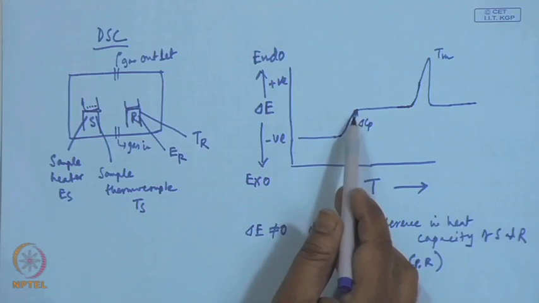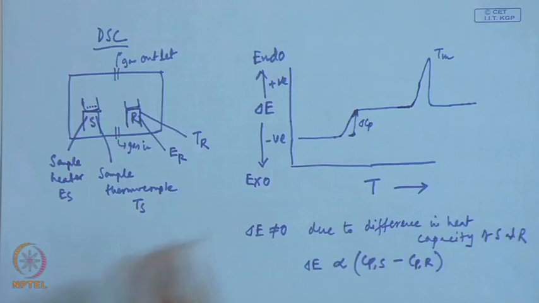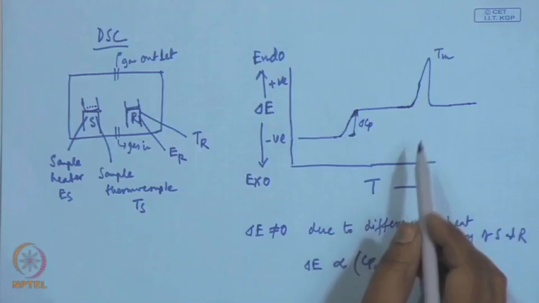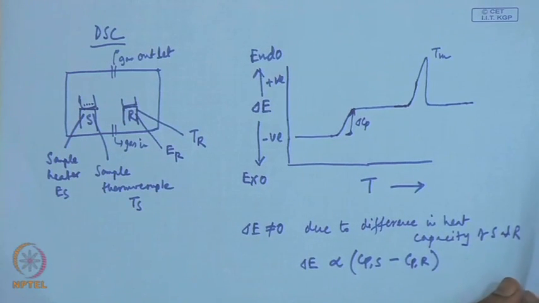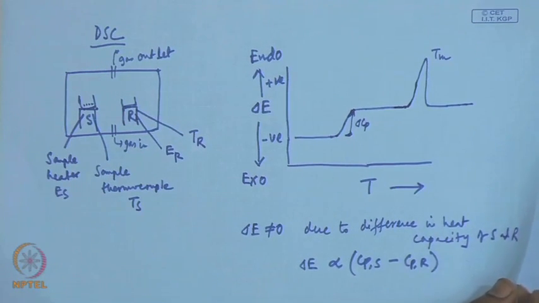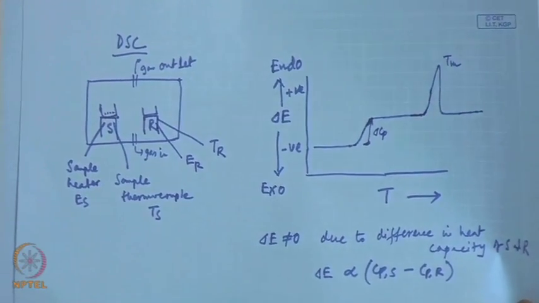That is why we get a broad transition, because each higher-size polymer will have a slightly higher Tg compared to a polymer chain of lower size. Similarly, the Tm is a little less sharp compared to a small molecule's melting point, because the polymer sample basically consists of chains having many molecular weights.